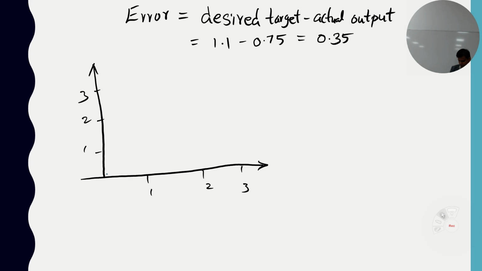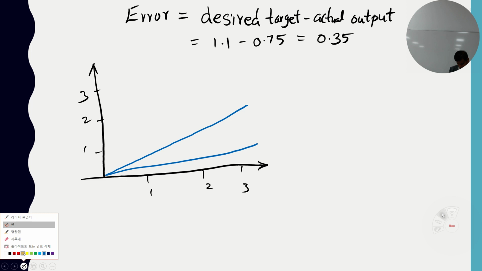So we had this line which is 0.75, and this for 1.1, which is a desired one, we wanted to have it, which would be like this line, and the actual error that is happening here is between these two elements.